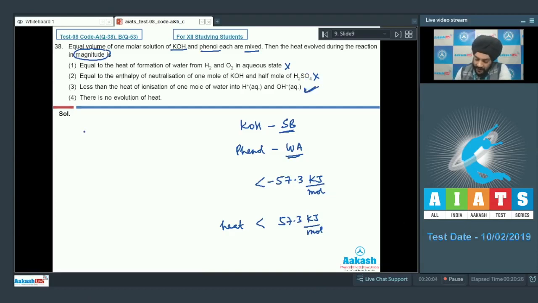To ionize 1 mole of H2O into H+ and OH- aqueous, we need to provide a delta H value equal to 57.3 kilojoule per mole. So in magnitude, the evolved heat will be less than this. The fourth option is obviously incorrect as it says that there is no evolution of heat. So we have to select option 3 as the correct answer to question number 38.